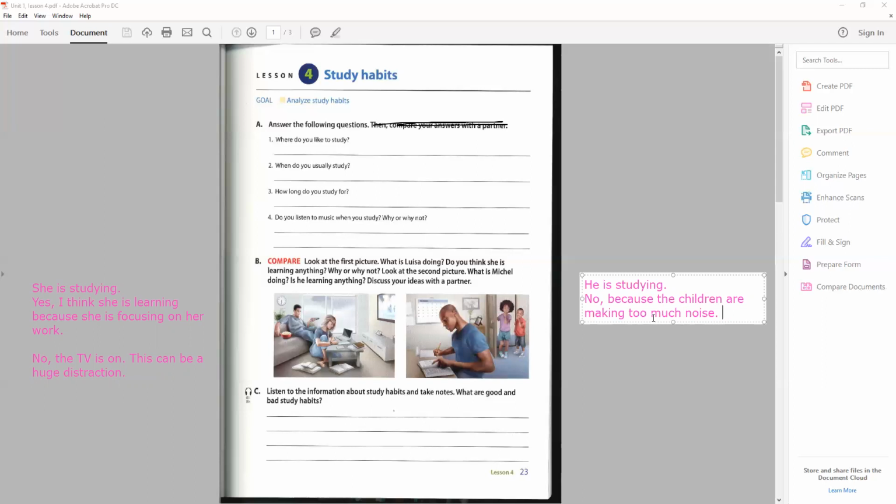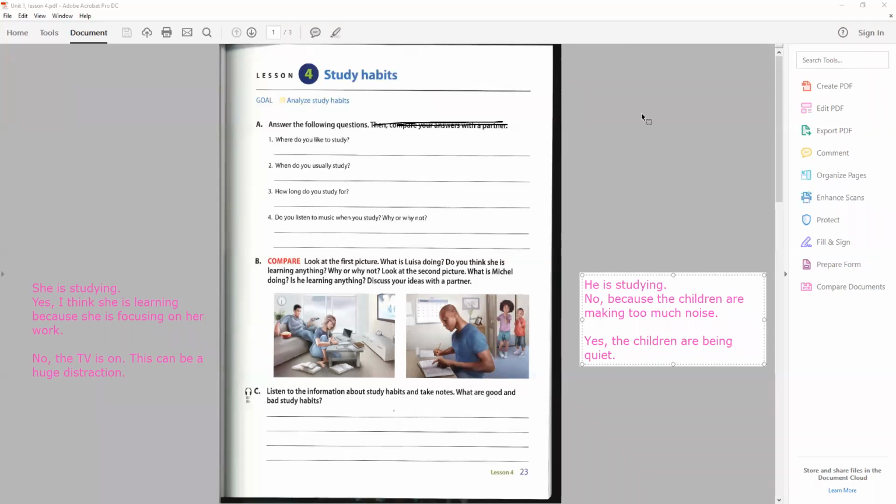But if you look in the picture, the children have their finger to their mouth and they're kind of going shh. So maybe the children are being quiet, so it could be a yes. We don't really know, right? It's just a guess.